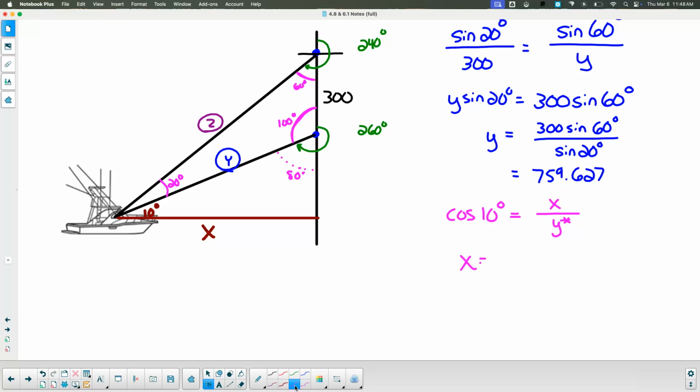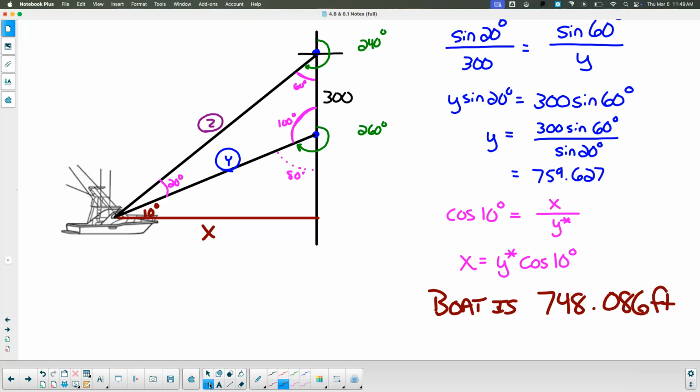So x is going to equal y times the cosine of 10 degrees. So the boat is 748.086 feet from shore.